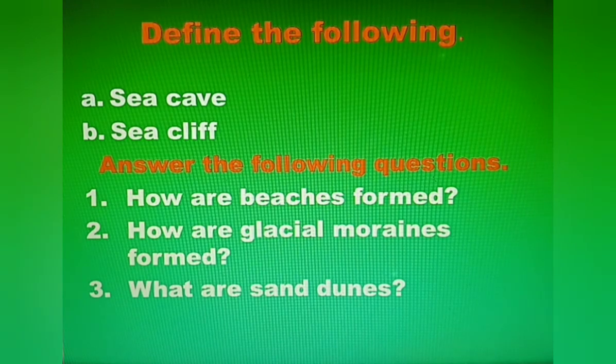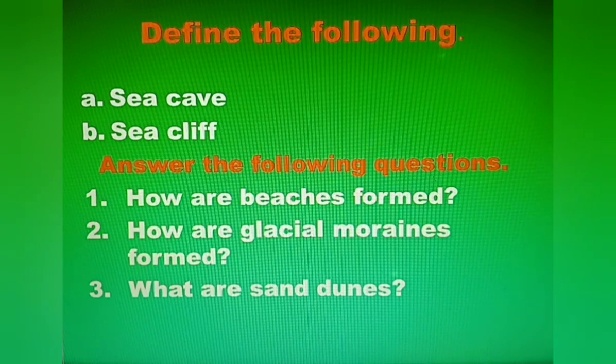All of you read the textbook well two or three times. Here are a few questions for you. You want to find out the answer and write it in your notebook and send the notes to me. First, define the following: A. Sea cave, B. Sea cliff.